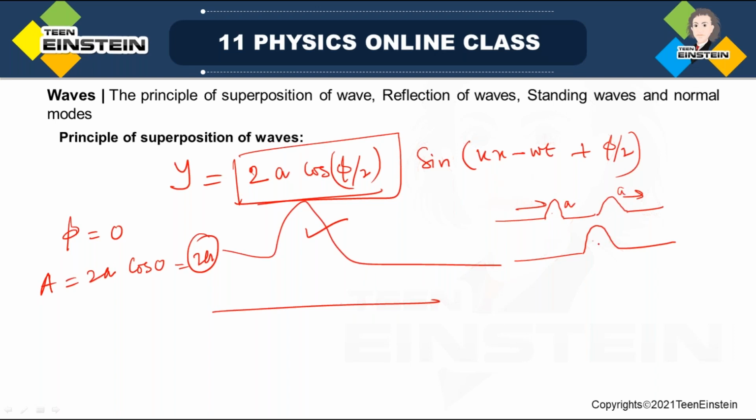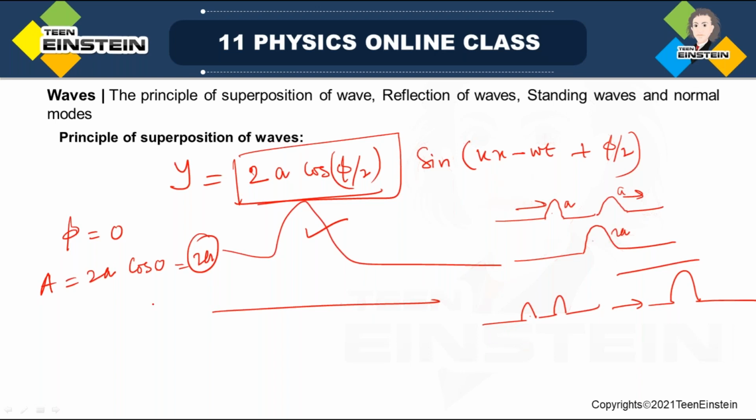If it is A and this is also A, this amplitude will be 2A. This is the case when the phase difference is 0, when they overlap in phase.